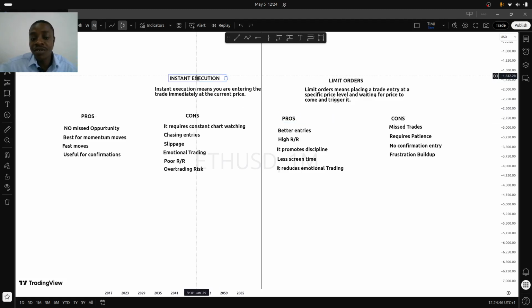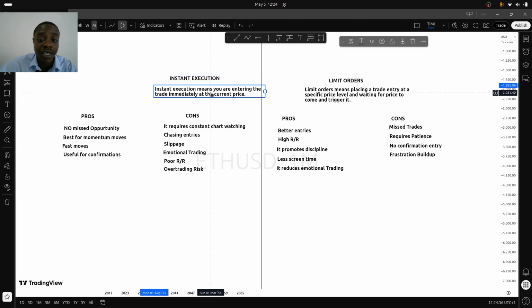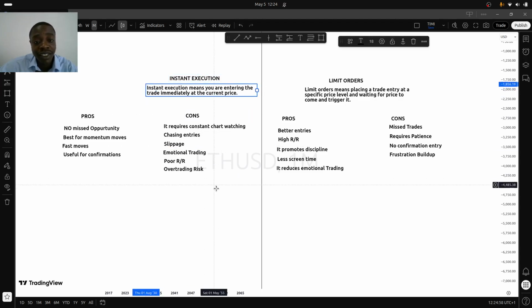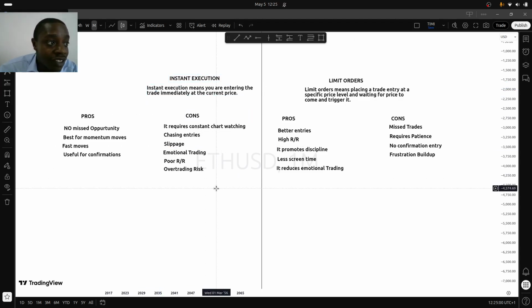You can't really say instant execution is bad or limit orders are bad, because market orders, instant execution rather, are also useful for confirmation entries, fast entries and the rest of them, while limit orders are planned trades. So you just have to understand both and know when to use them.